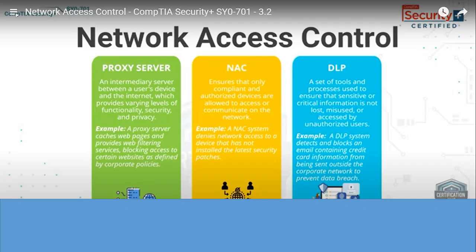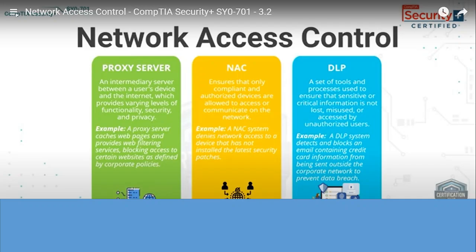This is for network access control. What is NAC? Network access control ensures that only compliant and authorized devices are allowed to access and communicate on the network. This is called network access control.